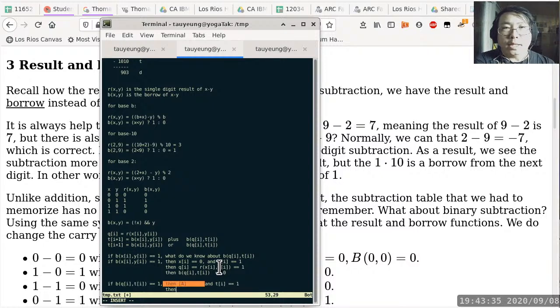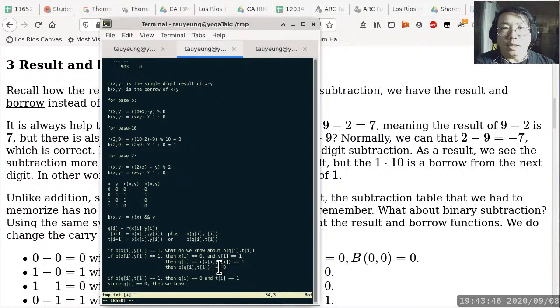So we can now say, let me just make it a little bit more complete. Since qi is a 0, then we know the following: xi is a 1 and yi is a 1, or xi is a 0 and yi is also a 0.